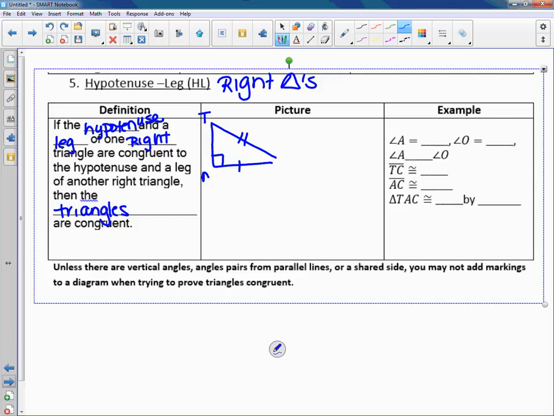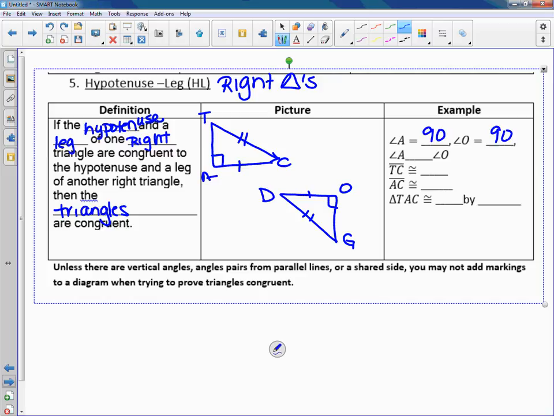T, A, C. And then here's the other triangle. Now, angle A is equal to 90 degrees, right?